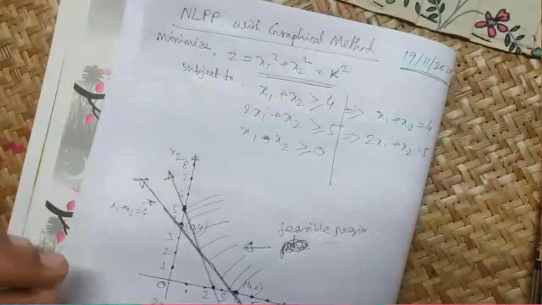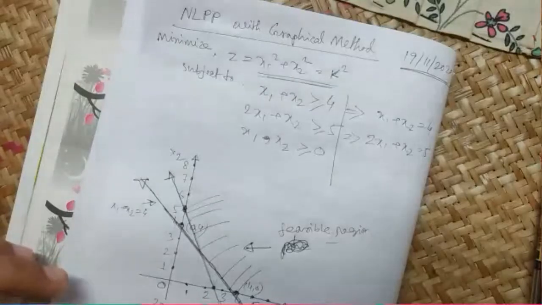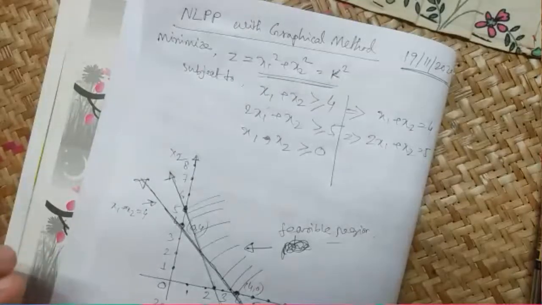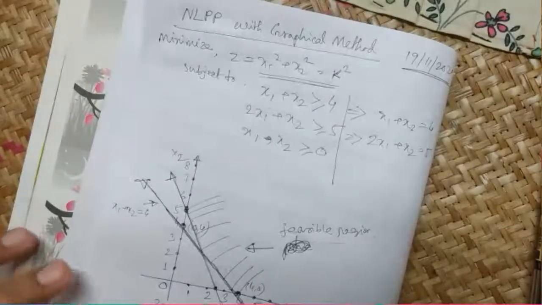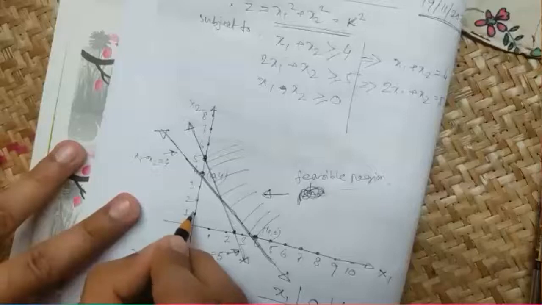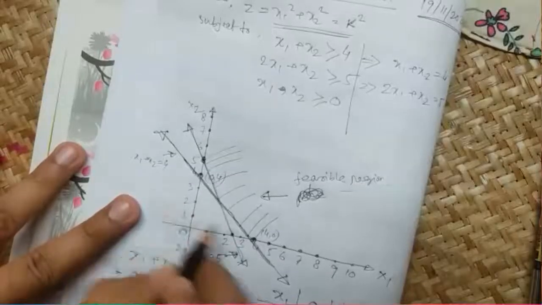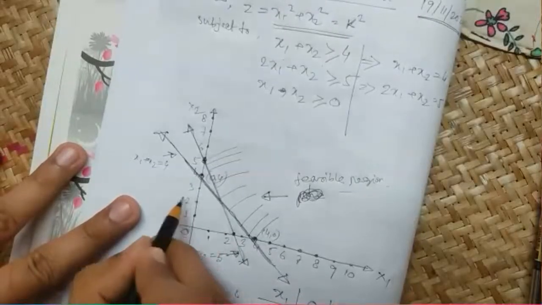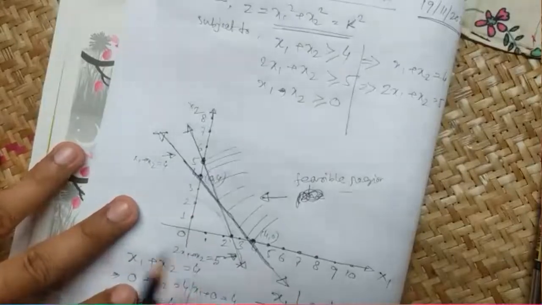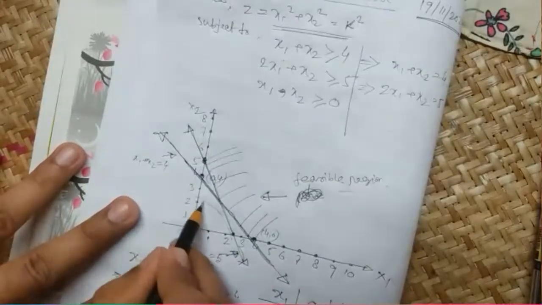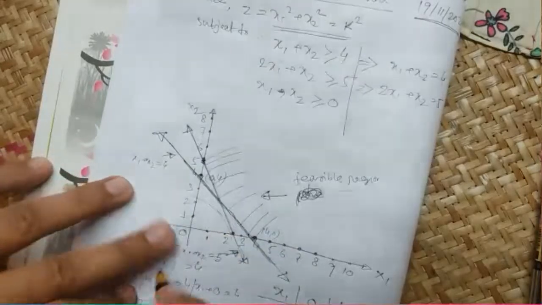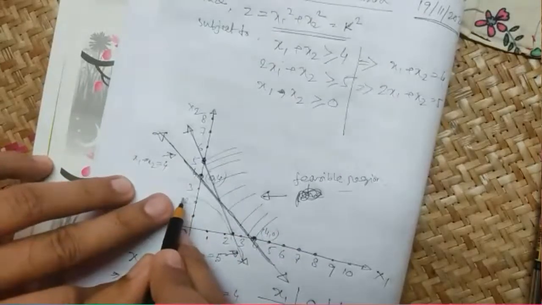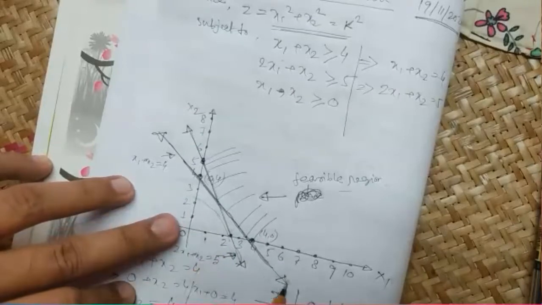Now the point is we need to find out the minimum value of z. So z might be like this, arbitrarily it will be like this. If the radius is increased or decreased, parallel circular lines will be generated.